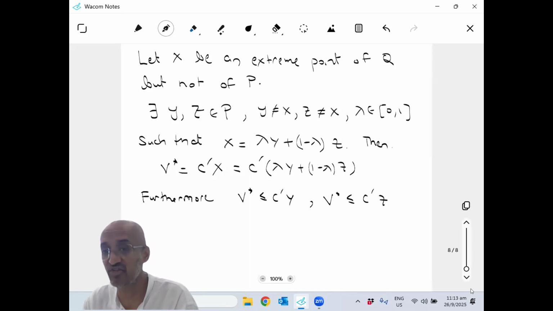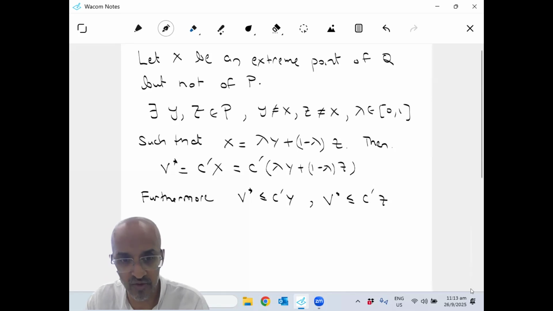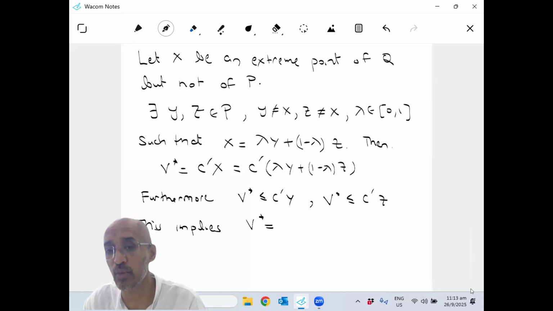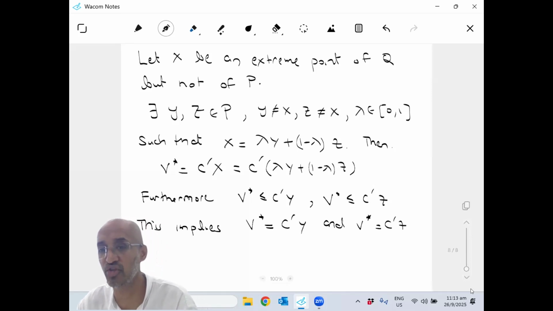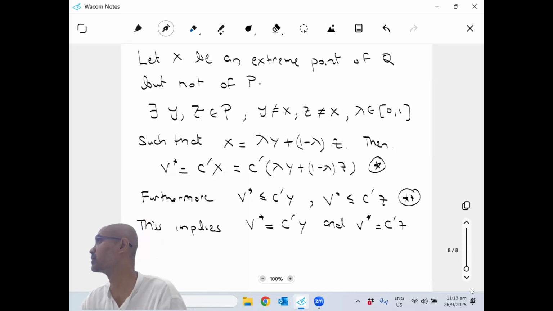But if V star is equal to this combination, and V star is term by term less than or equal to each number, the only way this can happen is that V star equals C transpose Y and V star equals C transpose Z. Take out the lambda: this term is lesser than this term, but it is also equal.